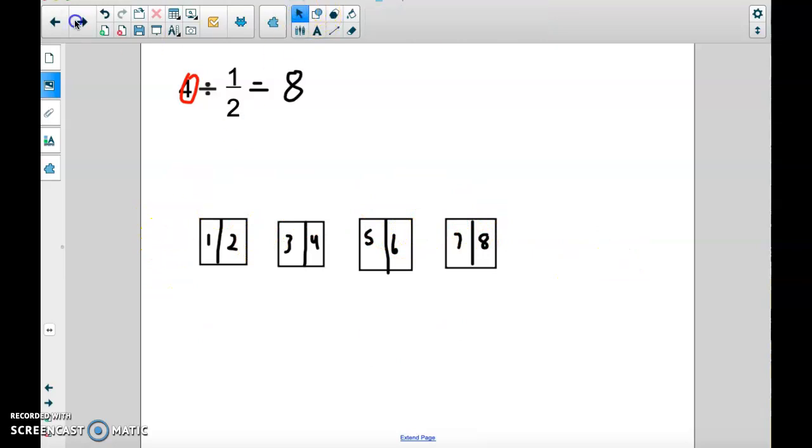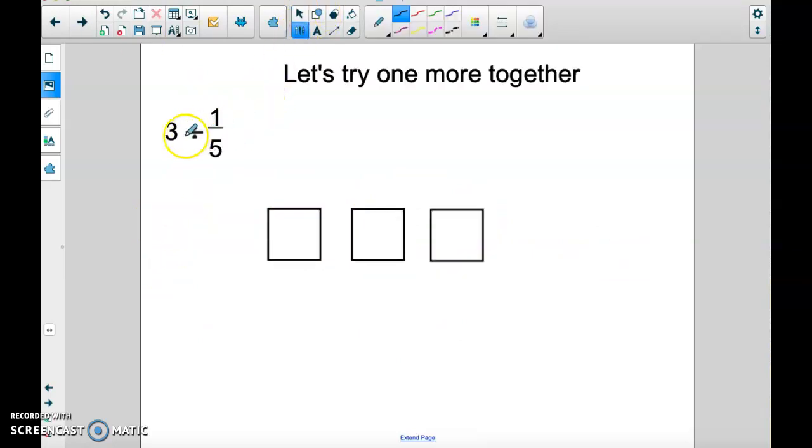All right. So let's look at another one together. This one we have 3 divided by 1/5. So how much do we start with? Well, we start with 3 wholes. So we draw our 3 wholes. And now I'm going to split these into fifths. I'm going to cheat and use my line tool because fifths can be tough and even more tough on a computer.